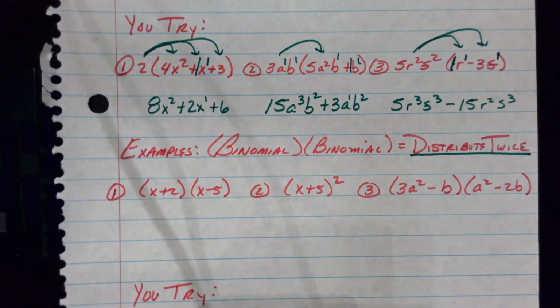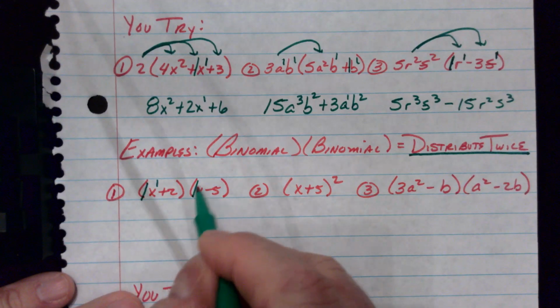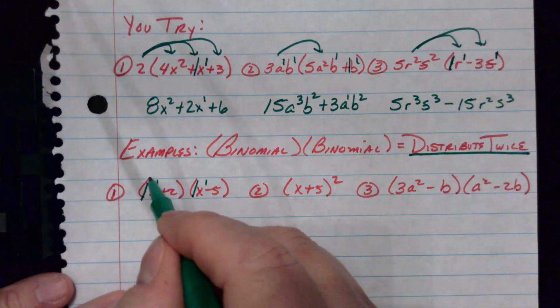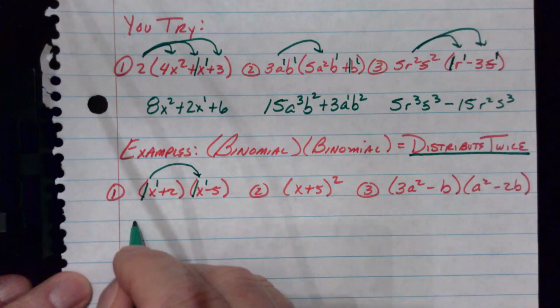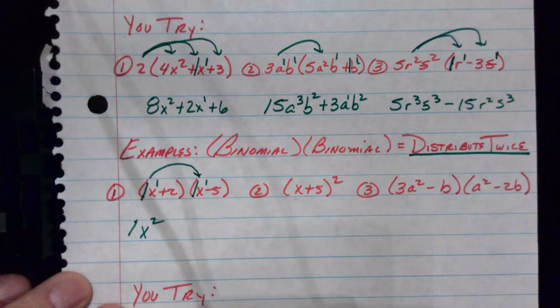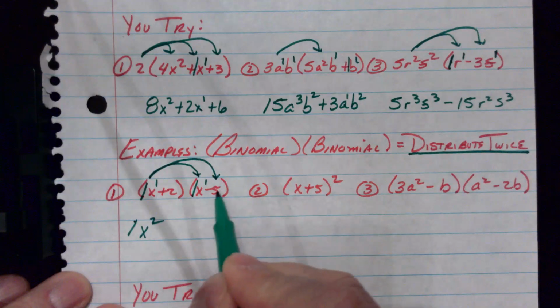All right? So I'm going to take this x, I'm going to put a 1 in, and I'm going to multiply x times x. 1 times 1 is 1. X times x is x squared. And then I'm going to take 1x times negative 5.